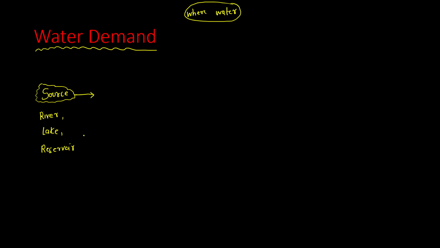Now once the water source is identified, what do we have to do? We have to collect the water. So the next step is collection of water. After collection, this water is sent to a unit called the treatment plant. Why is this required? We cannot directly drink the water from a river or lake or reservoir, as it may contain some contaminants.